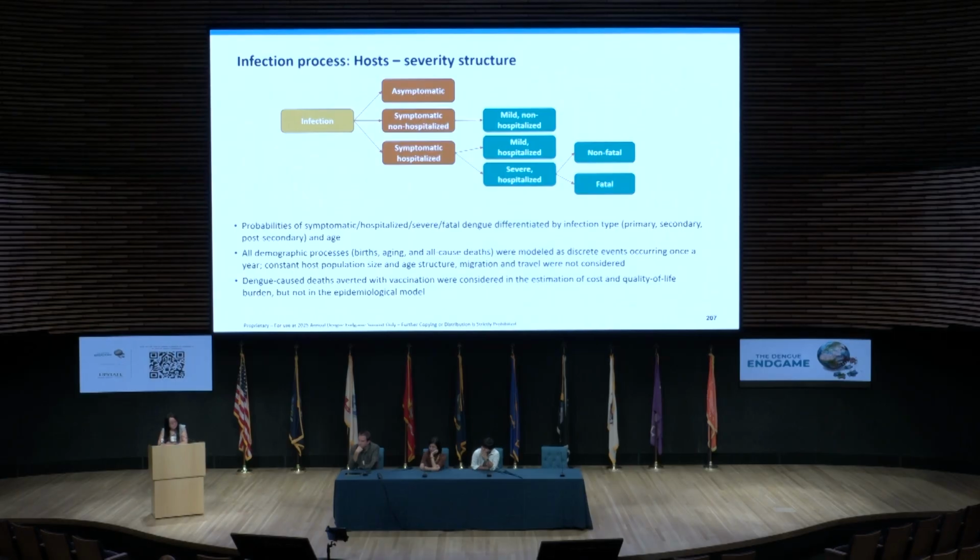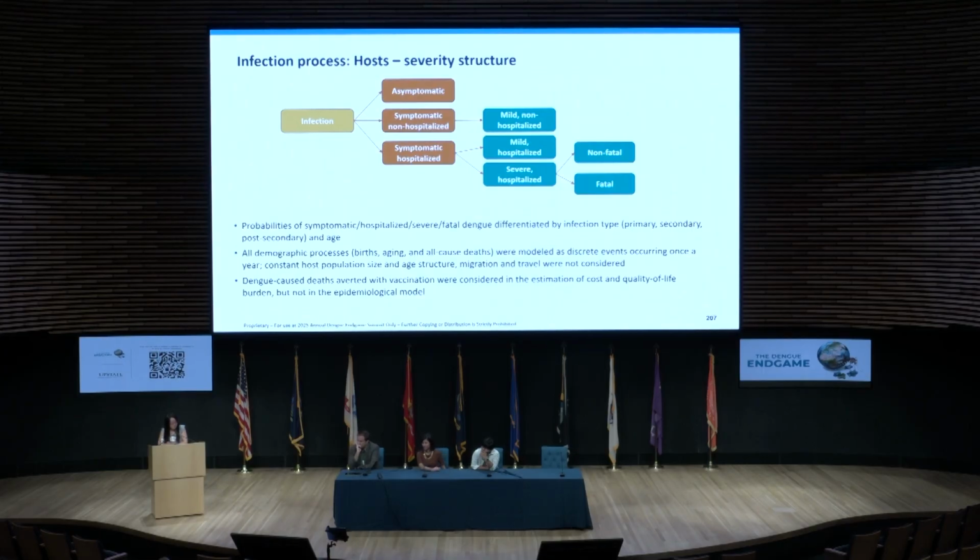In terms of our severity structure, again, it's relatively standard. When you become infected, you could be asymptomatic or symptomatic, and symptomatic cases are either hospitalized or non-hospitalized. If you are symptomatic but not hospitalized, you are going to have a mild dengue outcome.